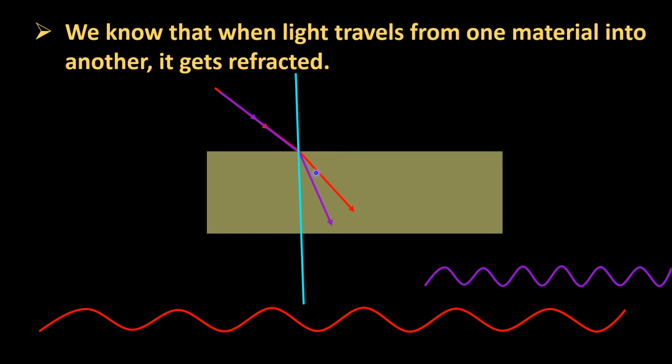That means the deviation is more for violet color and the deviation is less for red color light. That means the angle of refraction is less for violet color, and the angle of refraction is more for red color.